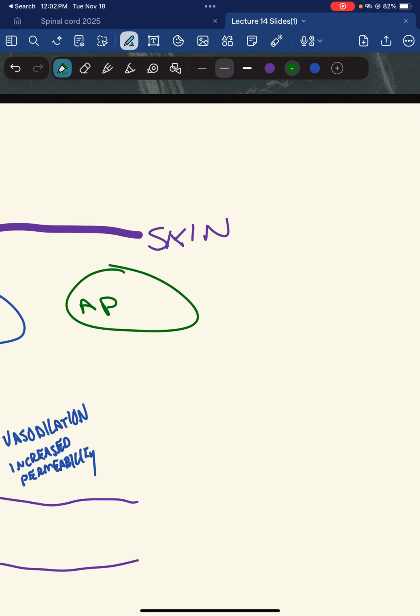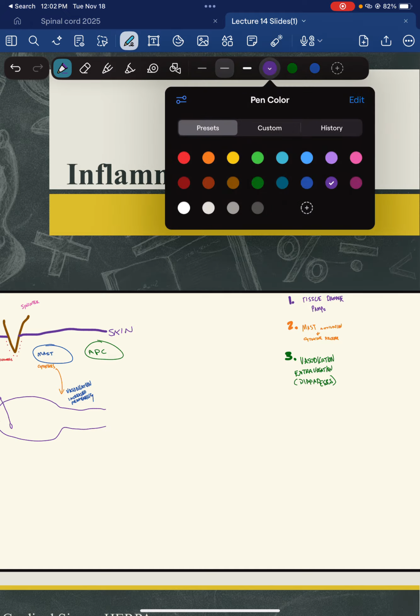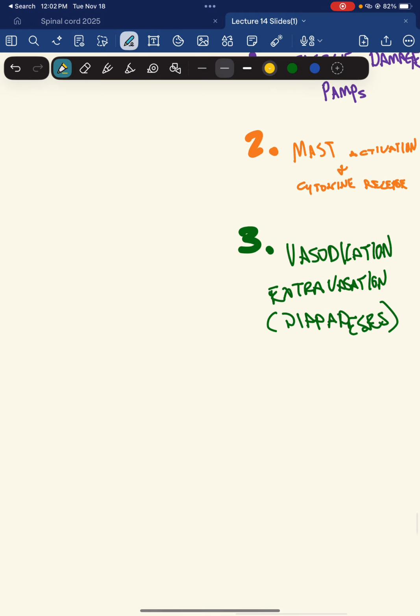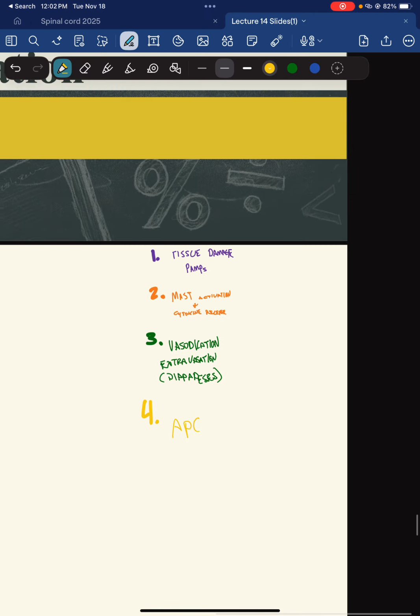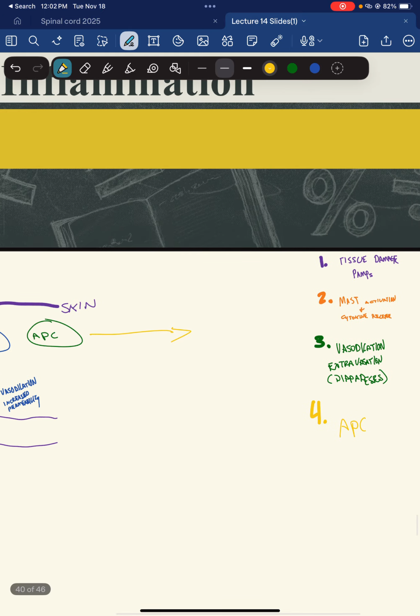And these cells are essentially sampling a bunch of these bacteria, taking them prisoner, so to speak. And then they will travel, they will take that intelligence and relay it over.